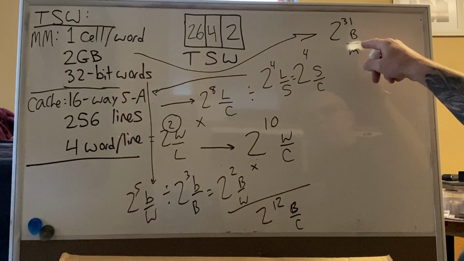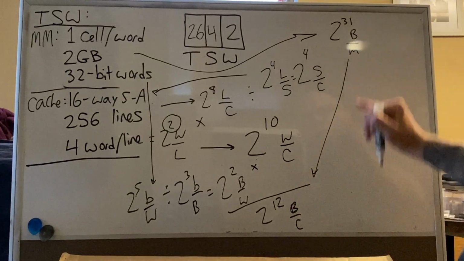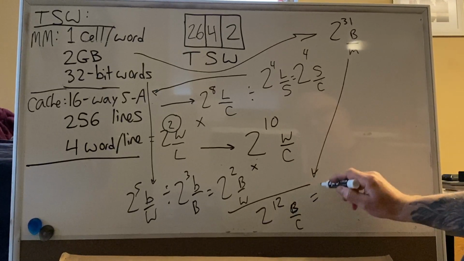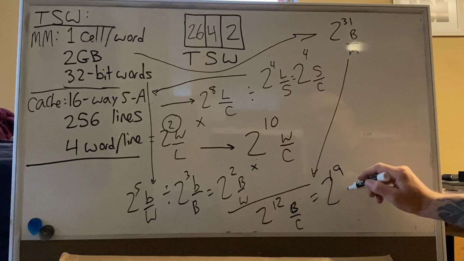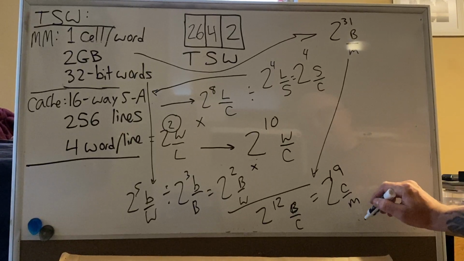And there's 2 to the 31 bytes per memory. So if we do 2 to the 31 bytes per memory divided by 2 to the 12 bytes per cache, we get 2 to the 19 caches per memory.